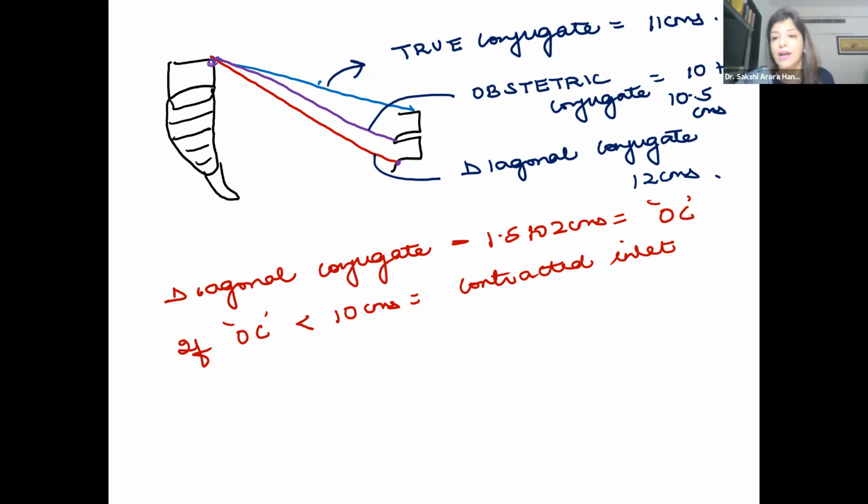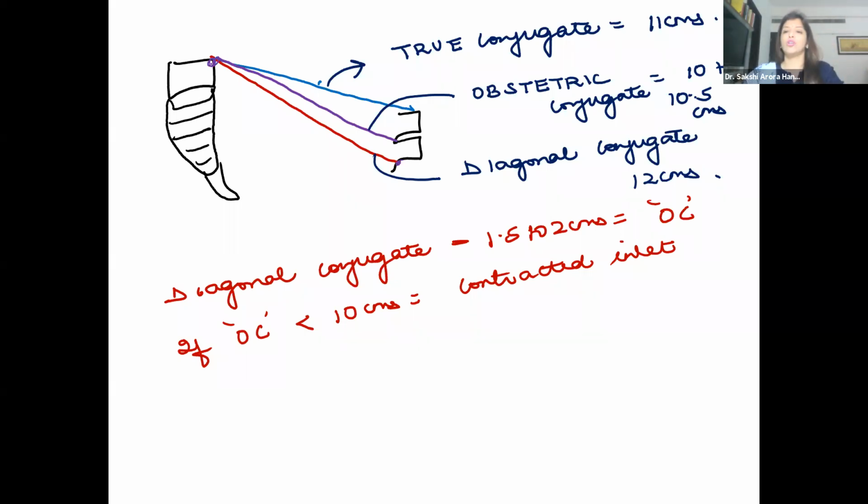Whatever measurement comes, from that I will subtract 1.5 to 2 centimeters to get the value of obstetrical conjugate. And if the obstetrical conjugate comes out to be less than 10 centimeters, then that means it's a contracted pelvis, right? Is that clear to all of you?